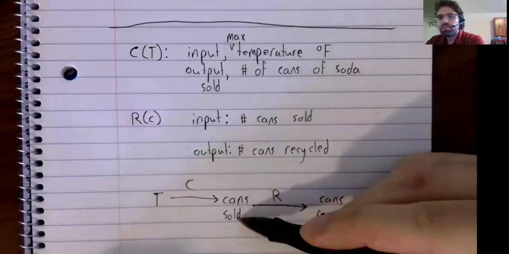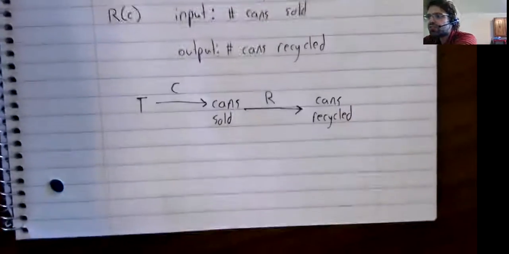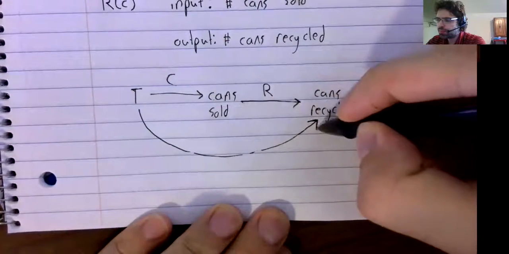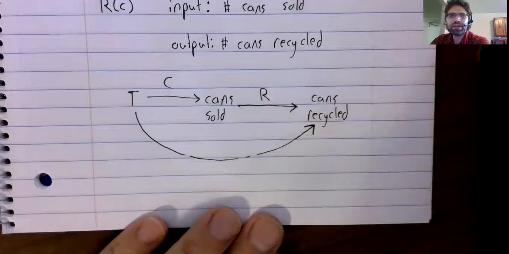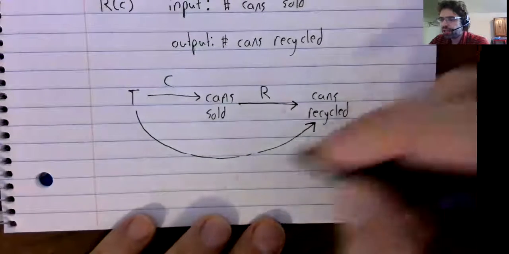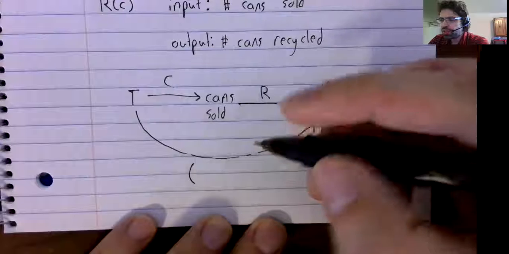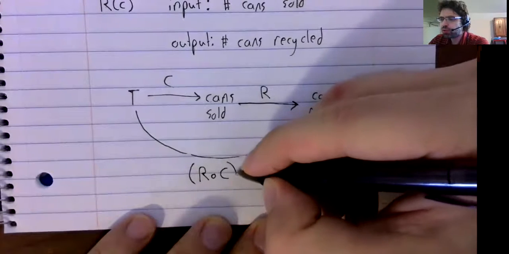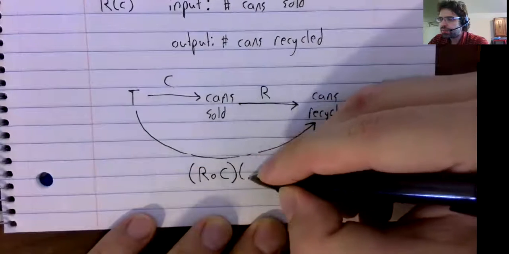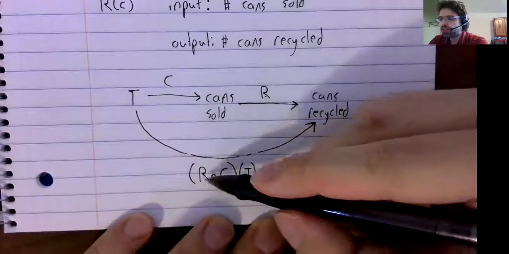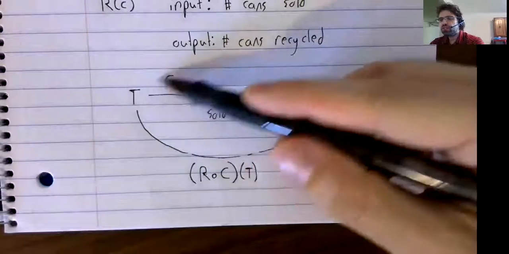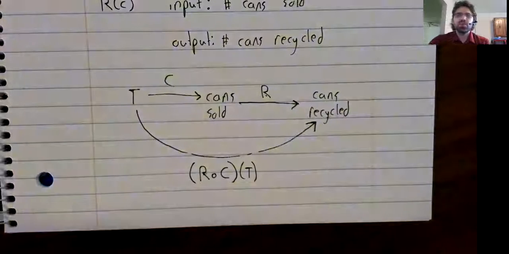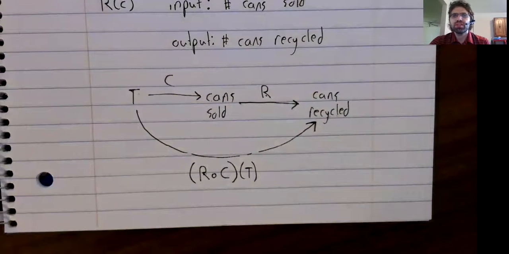And we'd like to bypass this middle step. We'd like to go straight from beginning to end. This is composition, and composition is written in reverse order. Second function written first, first function written second. Next, we'll learn how to perform composition.